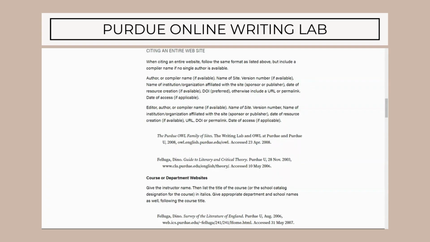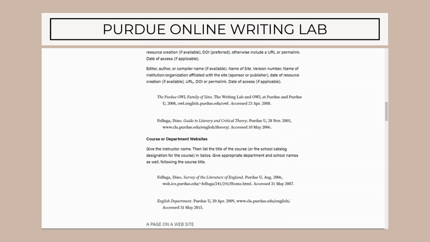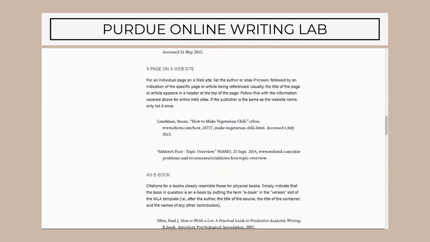Using this citation type is something that you will do only if you are using more than one page on a website. If you are only using one page from a website, you're going to want to scroll down and use this type of citation, which is a page on a website.